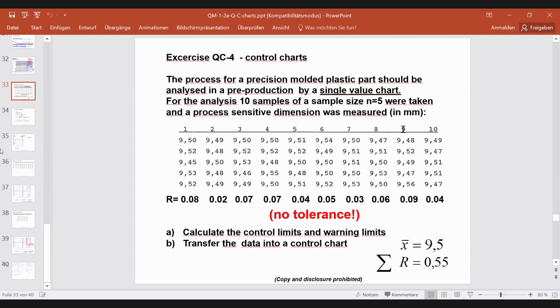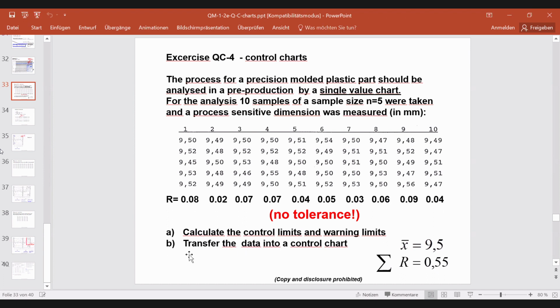So here you see the 10 samples, and every sample has a sample size of n equals 5. And below every sample, you have the range of the sample. 10 samples, 10 ranges. You don't have a tolerance.